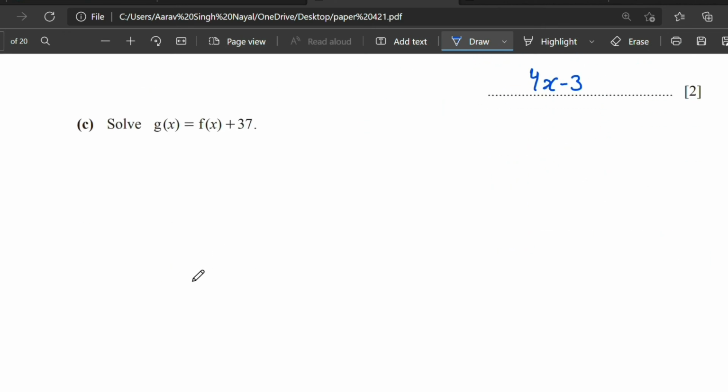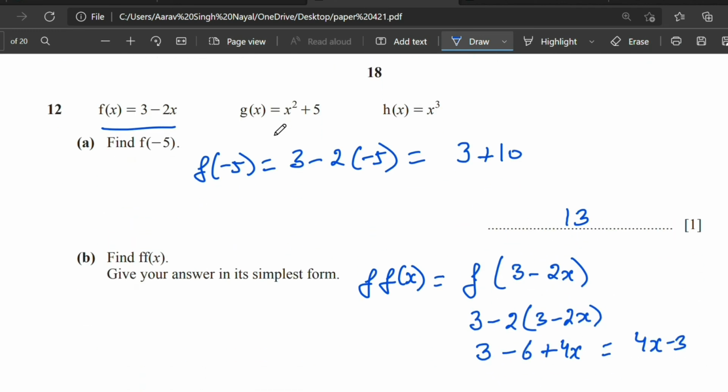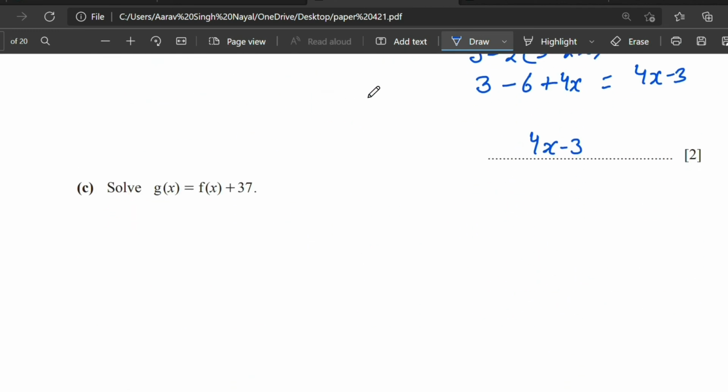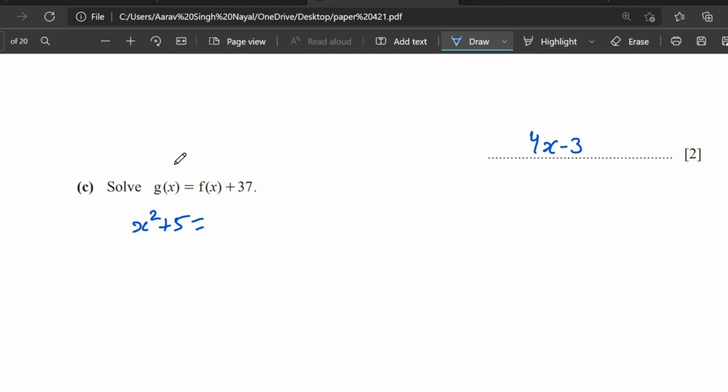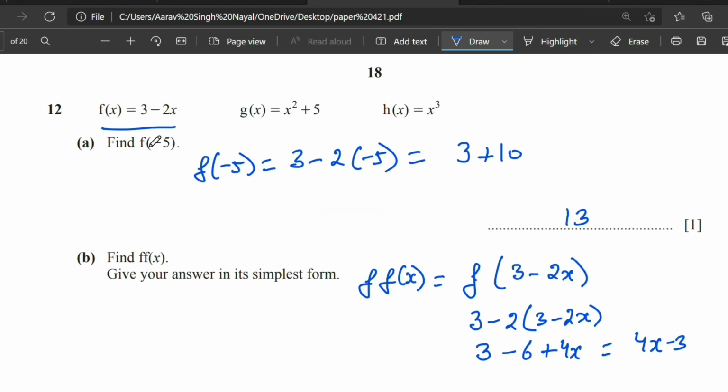Now the C part. Solve g(x) equals f(x) plus 37. Now we know that g(x) is x square plus 5 and f(x) is 3 minus 2x. So substituting the values, you get x square plus 5 equals 3 minus 2x plus 37.